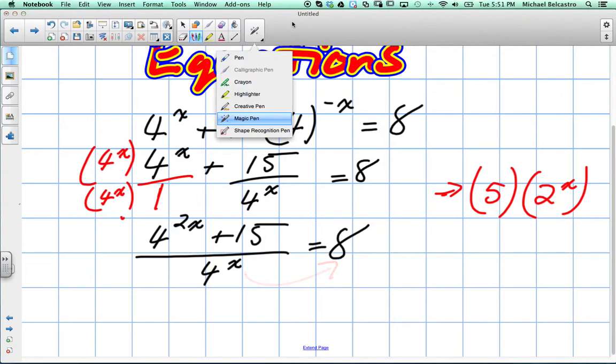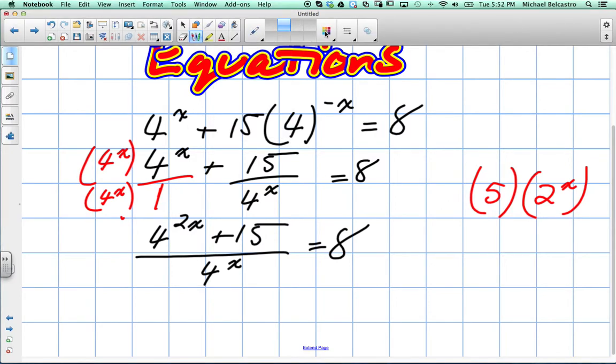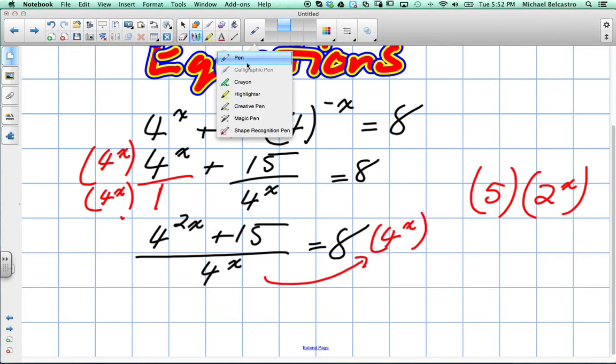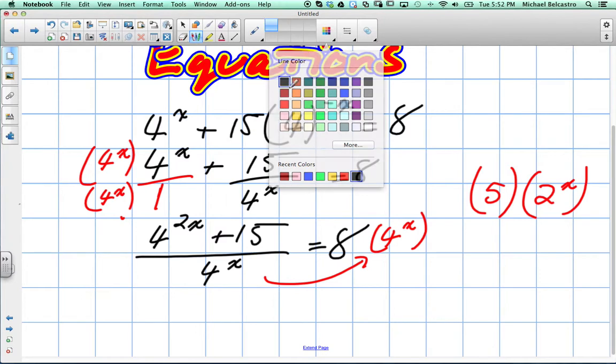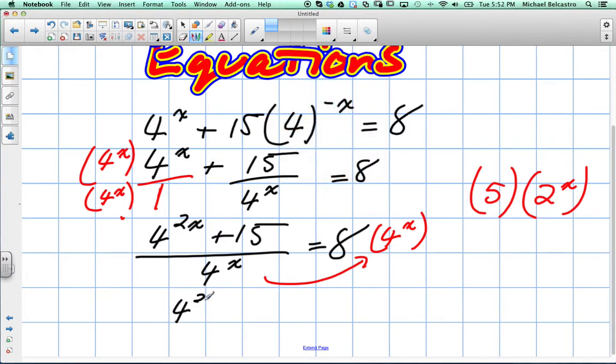Oh, you have to give me a minute. So when we bring it over, it essentially becomes 8 times 4 to the power of x. What that leaves on our left side is 4 to the power of 2x plus 15, which is equal to 8 times 4 to the power of x.